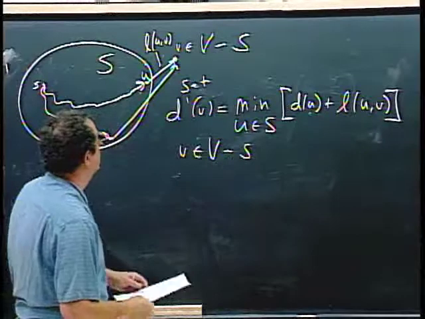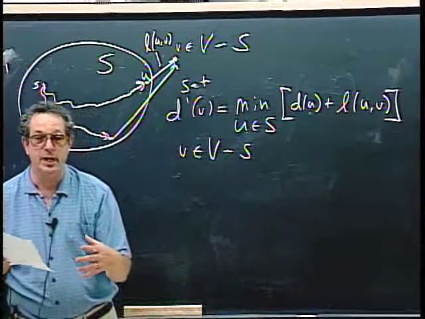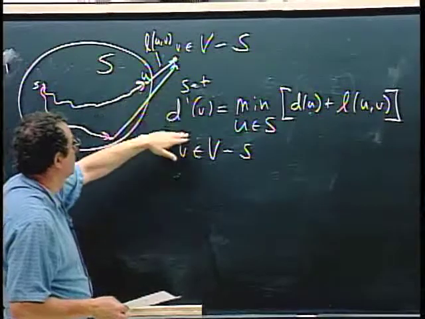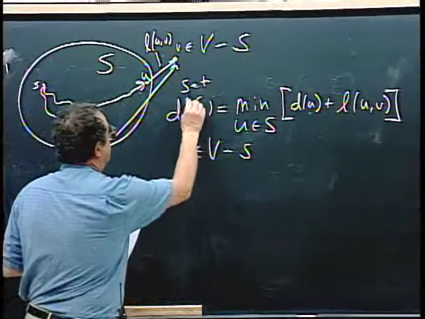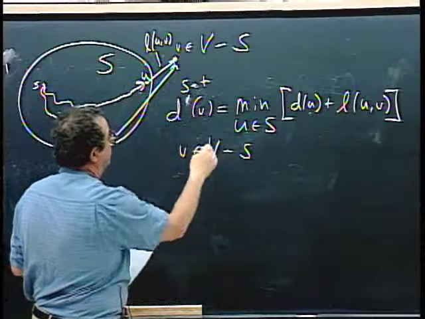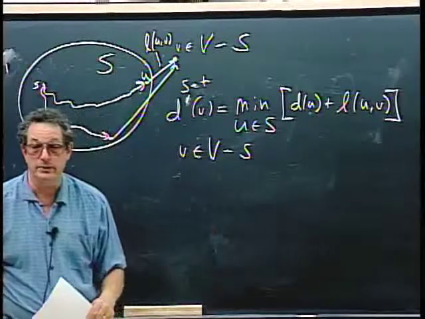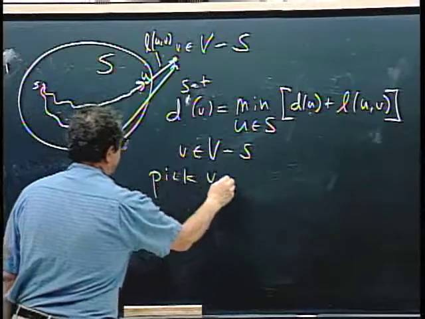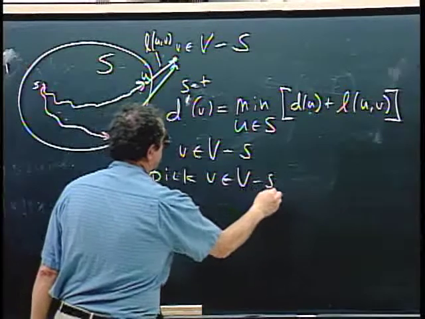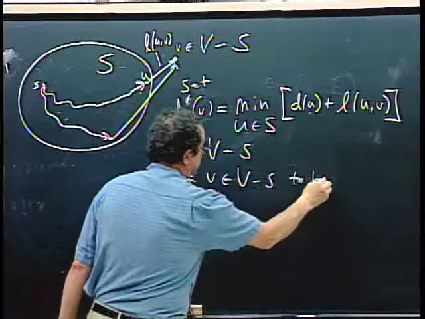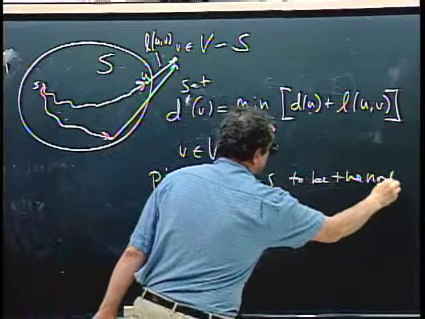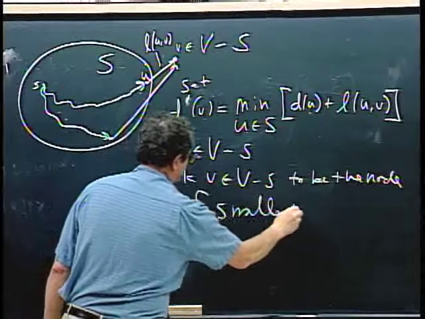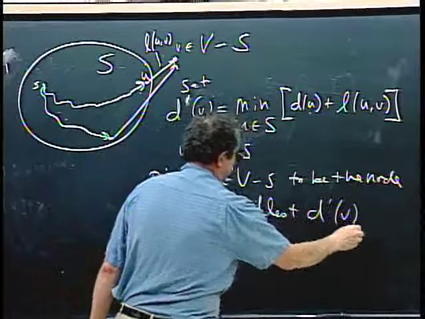So the algorithm, again, at every step has this capital S, and then at every step it computes or updates, we'll see how we can update this, d prime of V for every V that is not yet in S. And then it picks V contained in V minus S to be the node of smallest d prime V value.